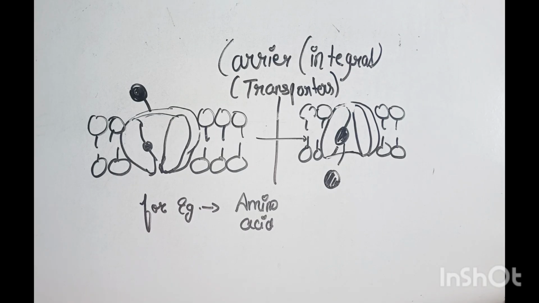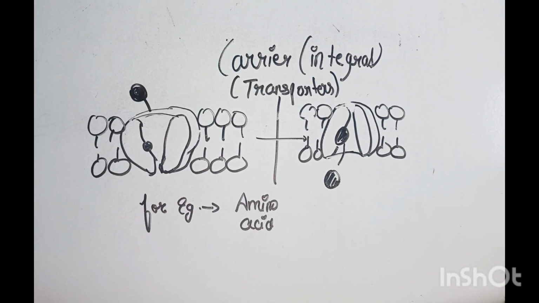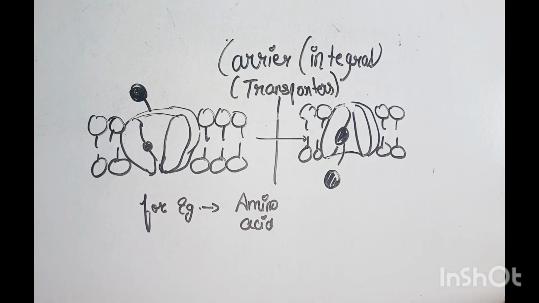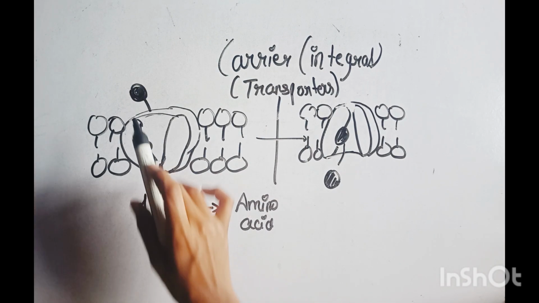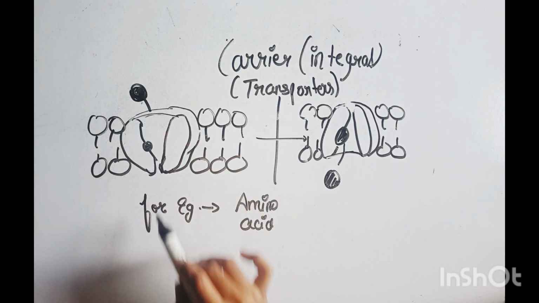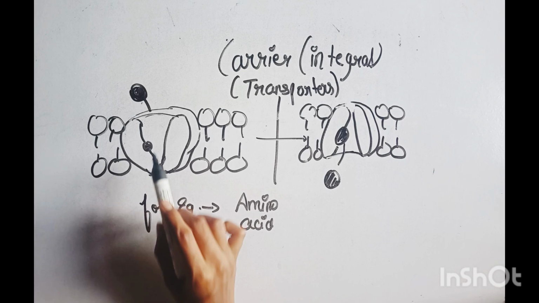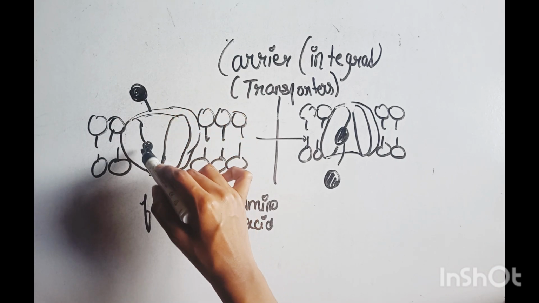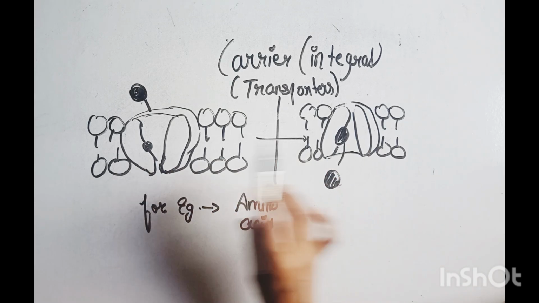Another membrane protein acts like a carrier. There are so many integral proteins which act like a carrier. A carrier is also called a transporter. It transports substances across the membrane by undergoing a change in its shape.